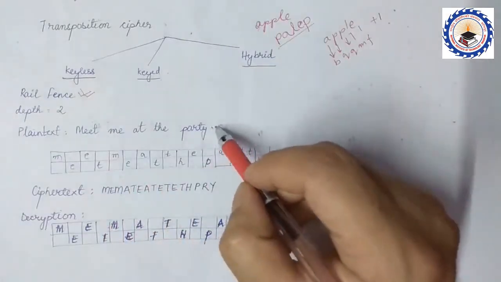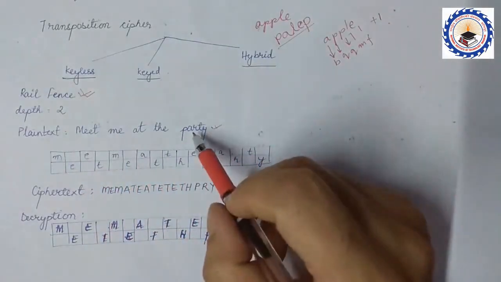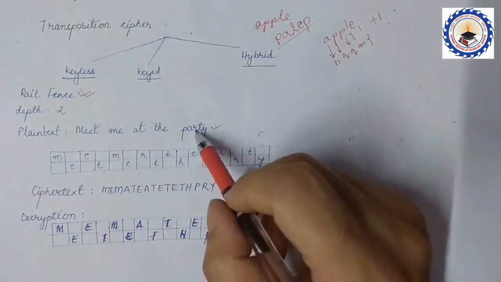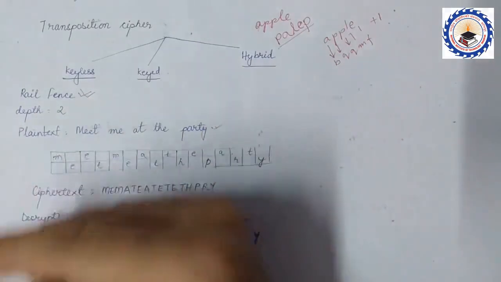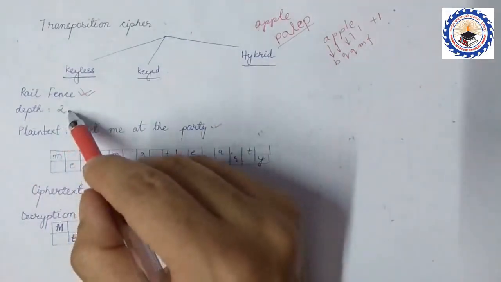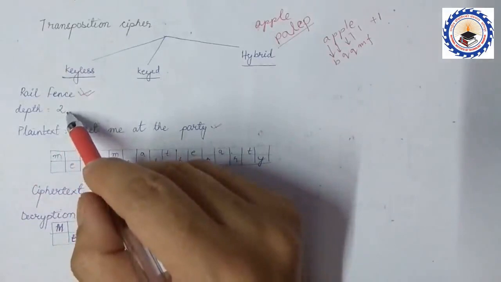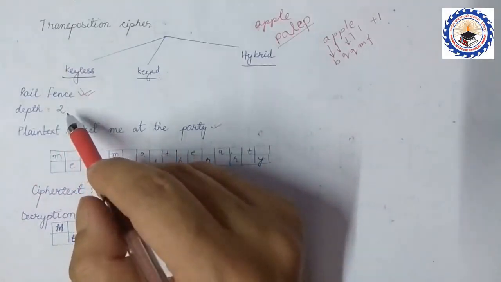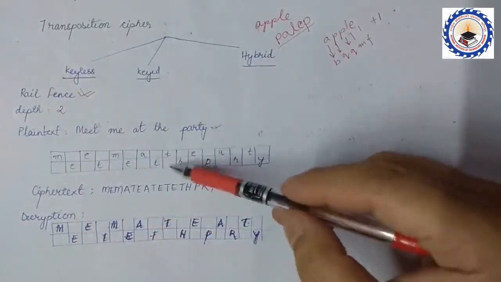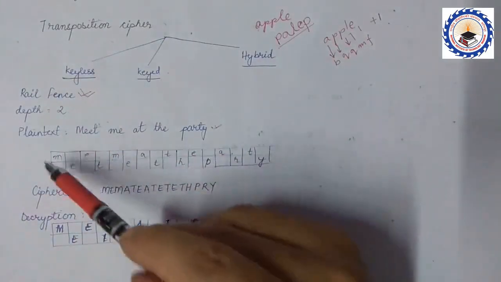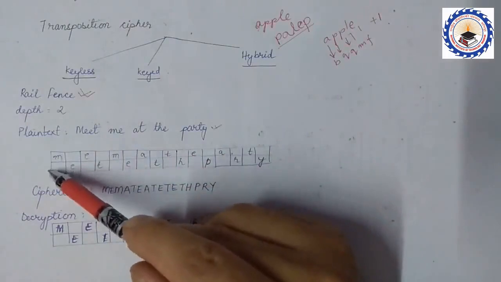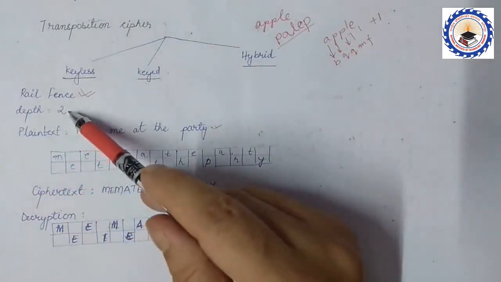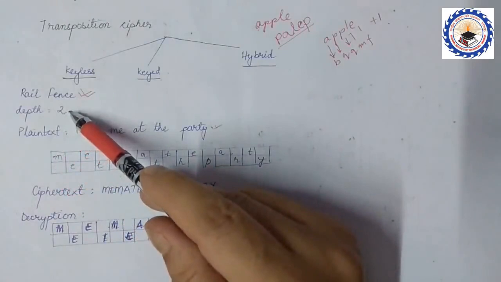For a given Rail Fence cipher, the depth will be given, and we always term this the depth of the Rail Fence cipher. Depth means the number of rows. In this diagram, we have 2 rows, and it depends upon the depth of the given Rail Fence cipher.